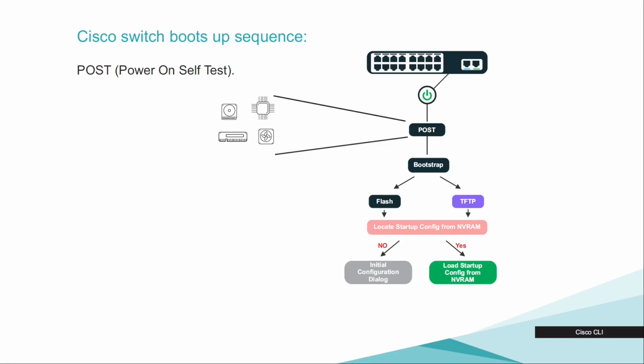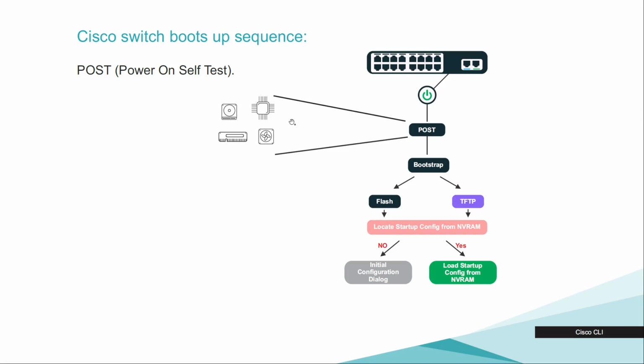To understand more about how our switch works, let's take a look at what happens when we power up our switch. When we power our switch, the first thing that happens is something called POST, power-on self test. In that process, our switch will run a test on itself. It will test the hardware components to make sure they all work properly.